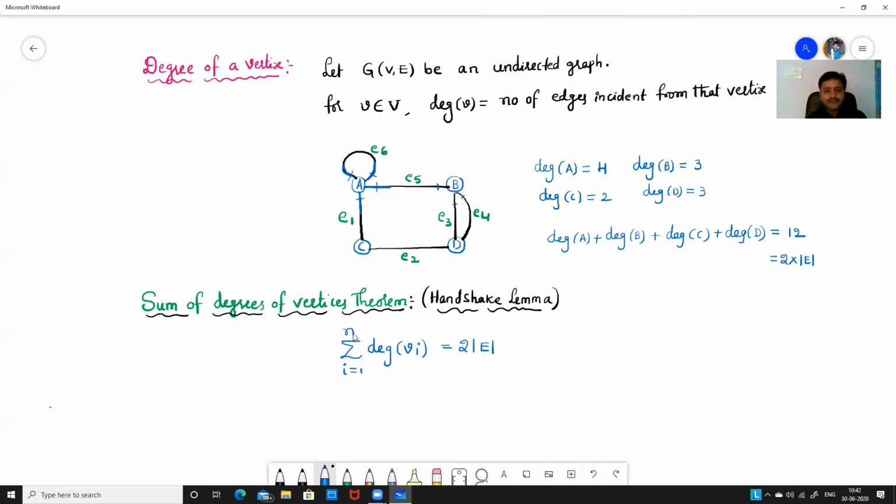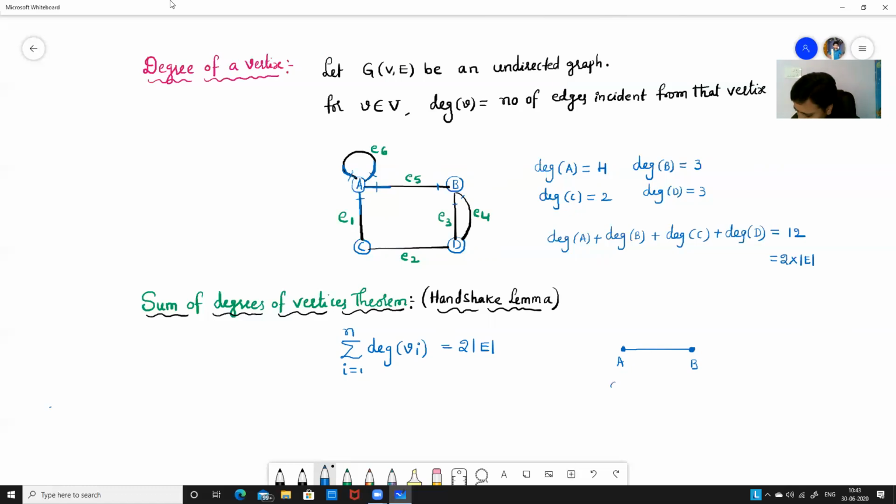The proof is very simple. Just observe. Suppose I have an edge between two vertices, let it be vertex A and vertex B, like this. Okay. So here, if I have two vertices, A and B, clearly this edge is producing 2 degrees, 1 degree with respect to A and 1 degree with respect to B. Okay.